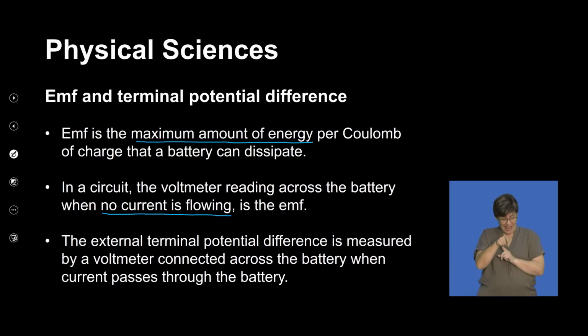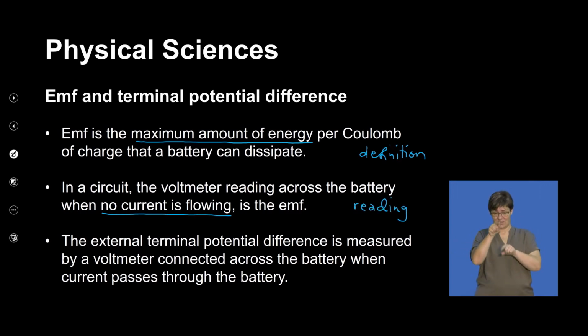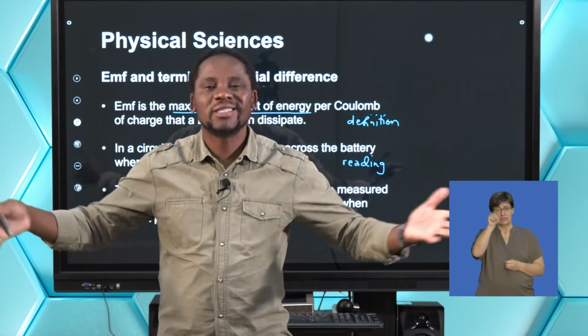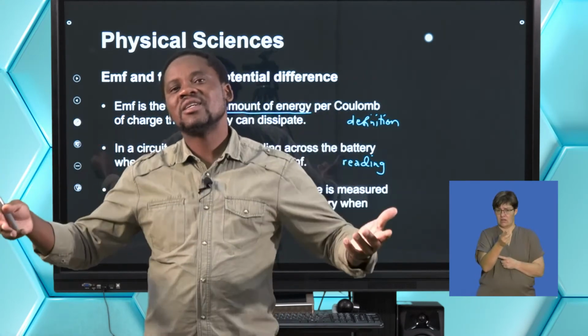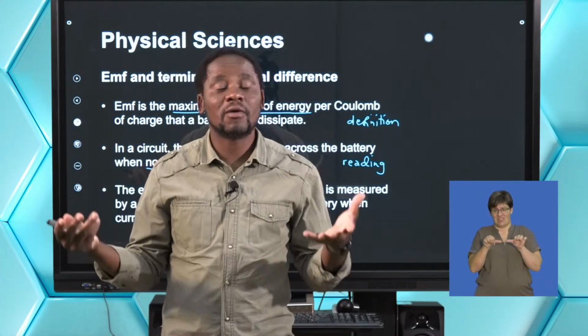So take note, this is the definition of EMF, while this one is the reading. We need to distinguish between the two. The definition is what the quantity is, and the reading is the measurement of that quantity.